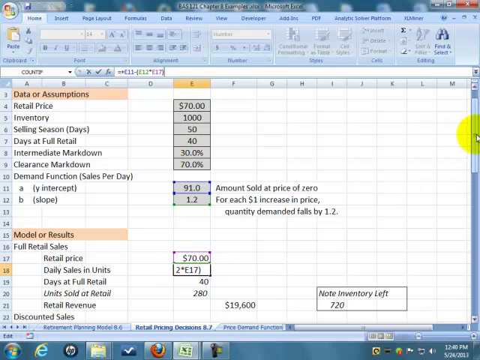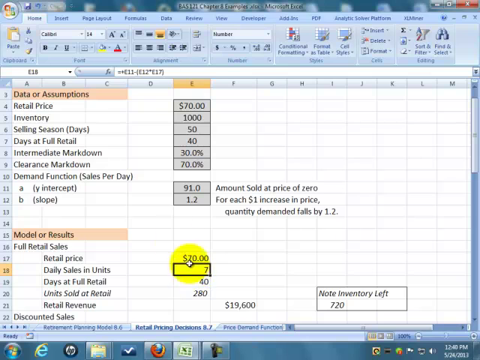They're assuming that we won't sell everything at full price. You'll see later it has to be a minimum of whatever our inventory is. Theoretically, if our demand was more than 1,000, then we wouldn't be. Technically, we should have the minimum between the inventory 1,000 and demand. But in this case, the book is assuming that at full price we wouldn't sell all our inventory. That's why it's just the demand function in there.